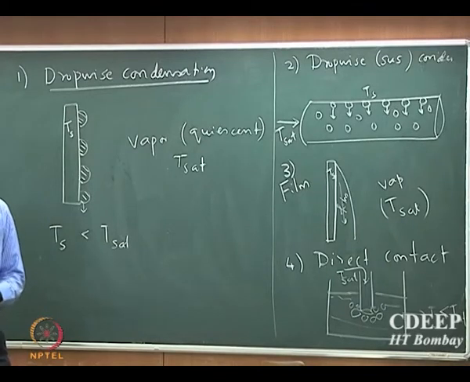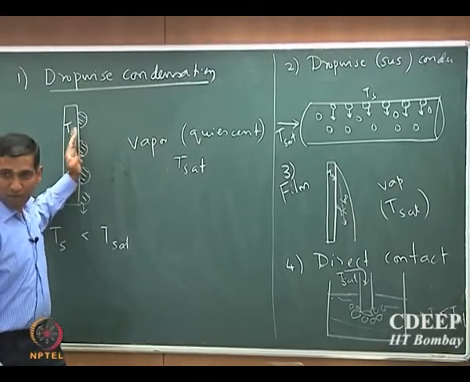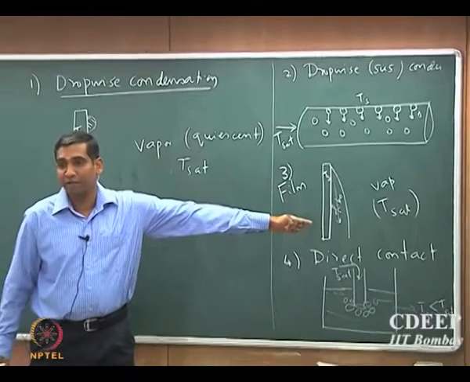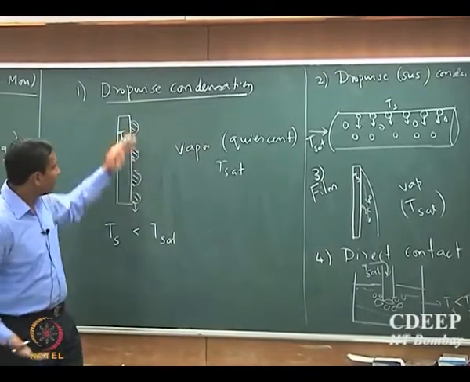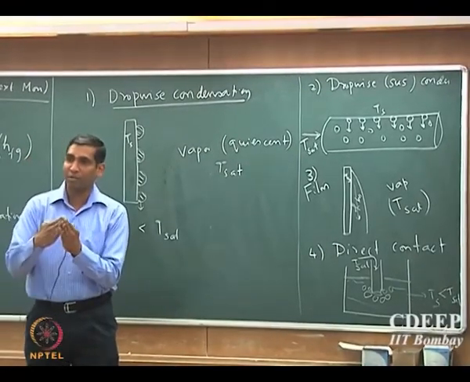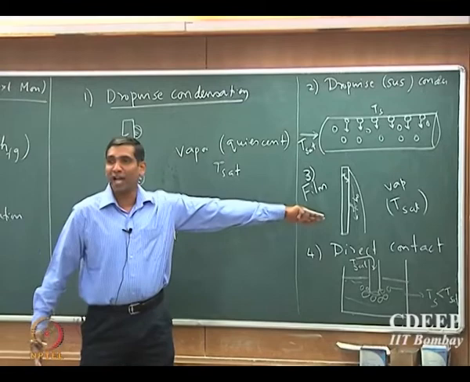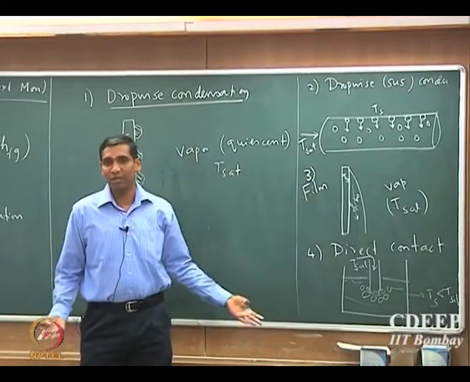If the condensation rate is significantly higher, you will start with dropwise, and then it will transition to film. Because the condensation rate is significantly higher, before the drops fall, more liquid will come and deposit on the surface, and so you will have a continuous flow stream of liquid, which is a film condensation process.